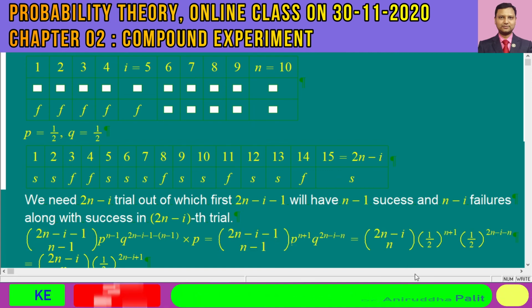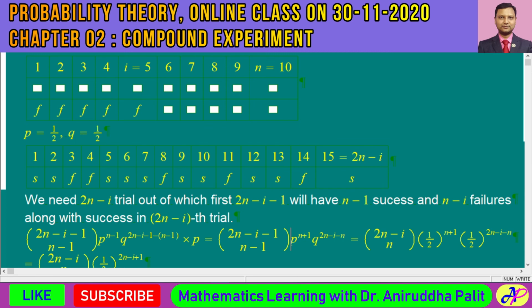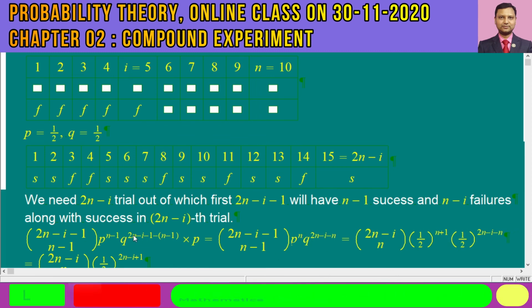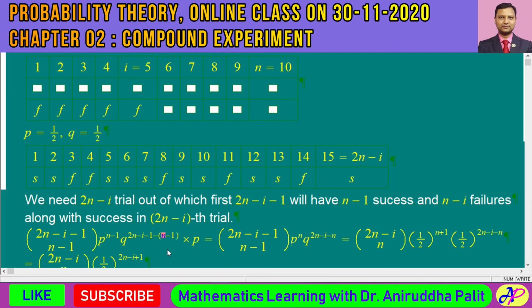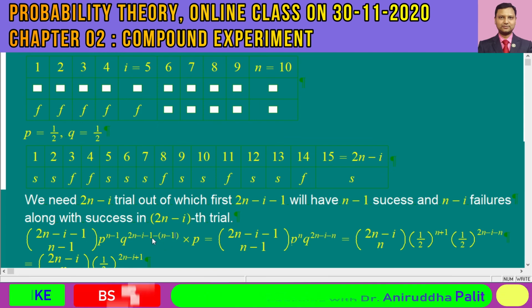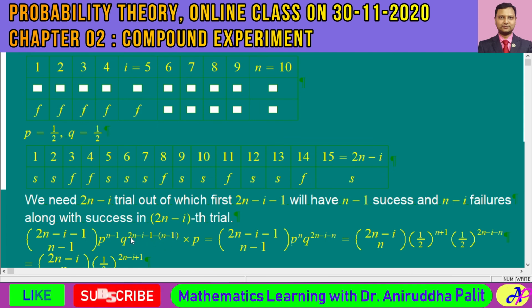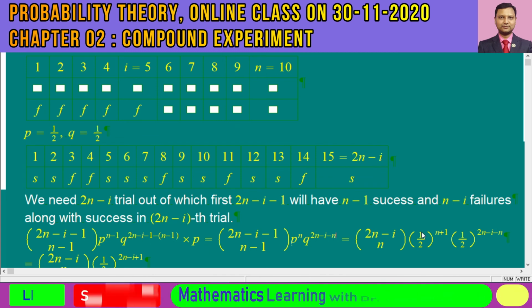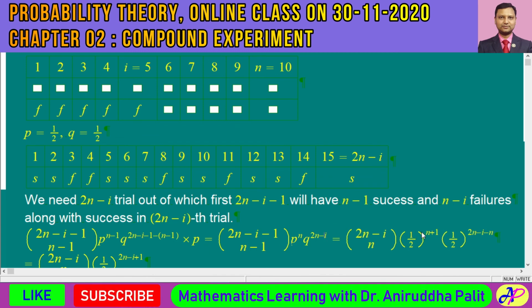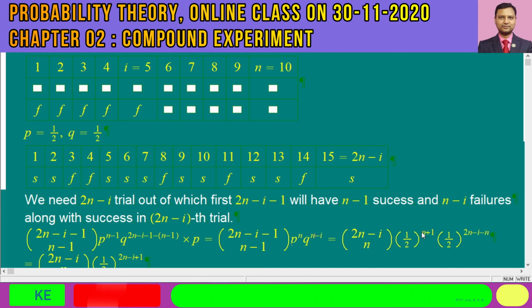Finally we shall have this type of result. Then p to the power of what will it be? P to the power of n would be there, and here n and n would get cancelled. This i and i would get cancelled, so we will simply have n minus i.